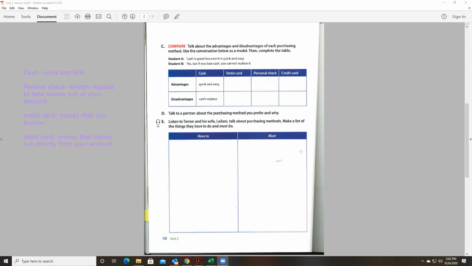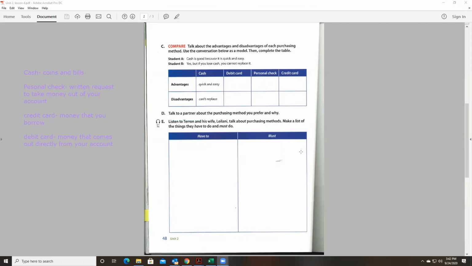So this is something that I kind of want you to do on your own. That way I understand that you understand the difference between the 4 different purchasing methods, okay?